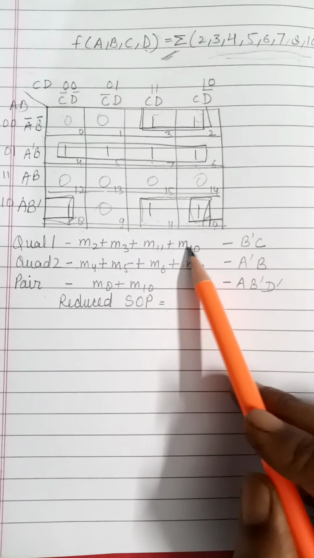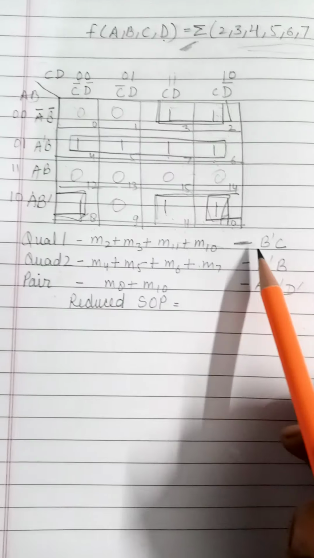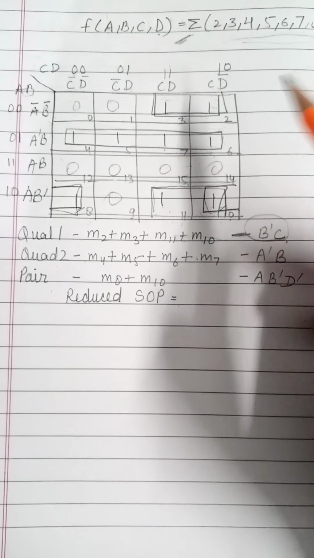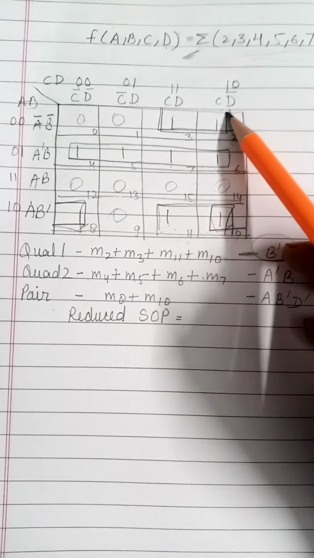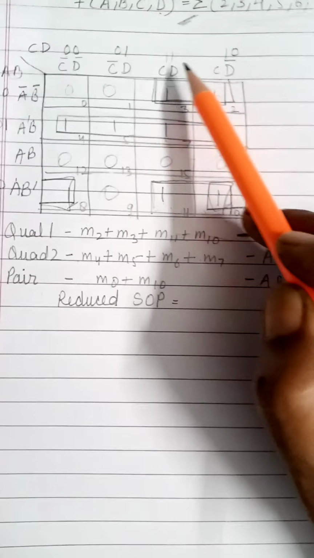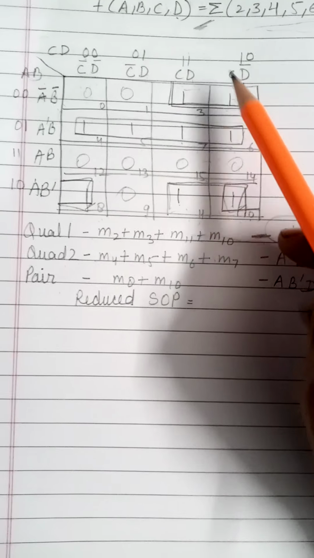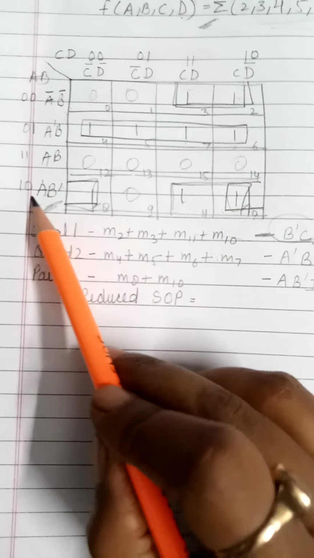Fine. Now how will you reduce the expression? How are we getting this B bar C? Look in this quad. Which variable is changing its value? D, D bar. These columns are involved and this row is involved: A bar B bar. Both the ones are here in this row.